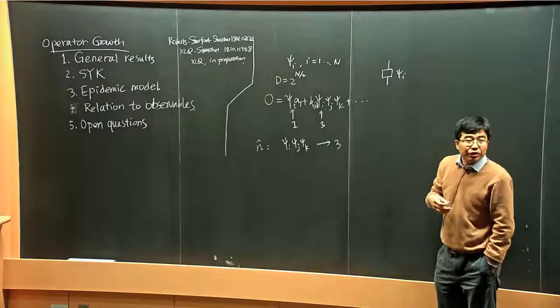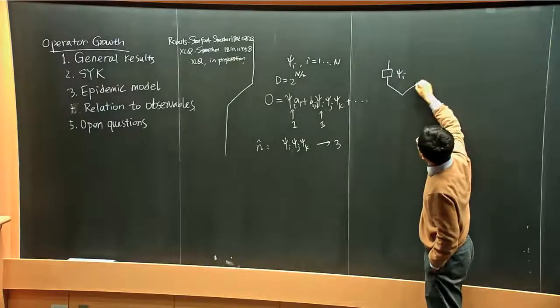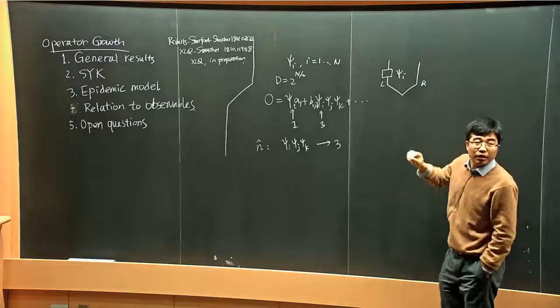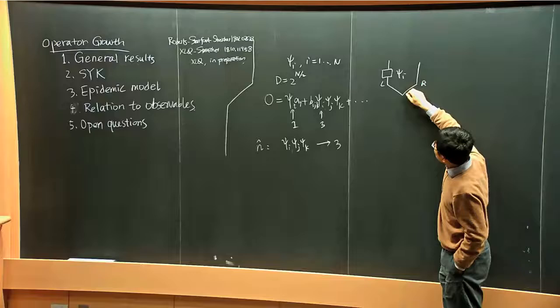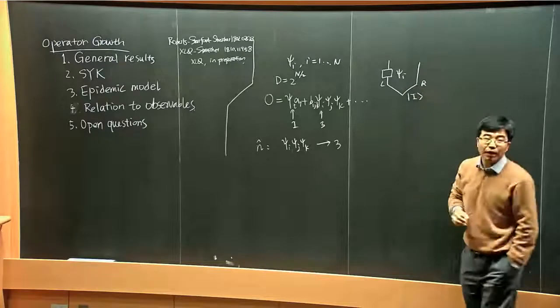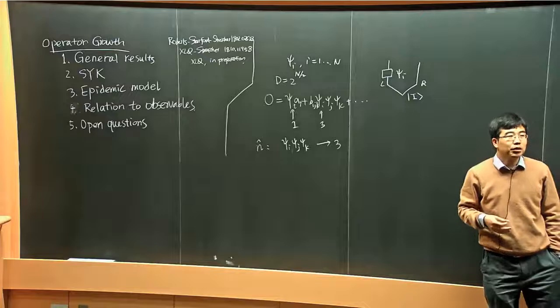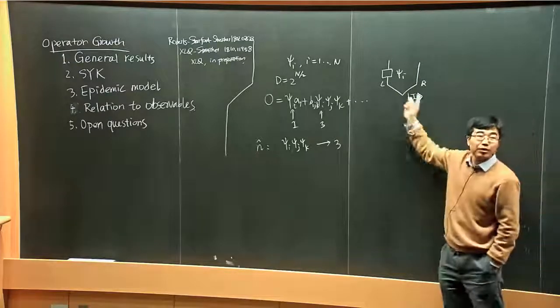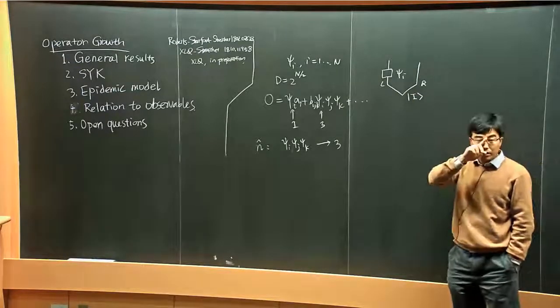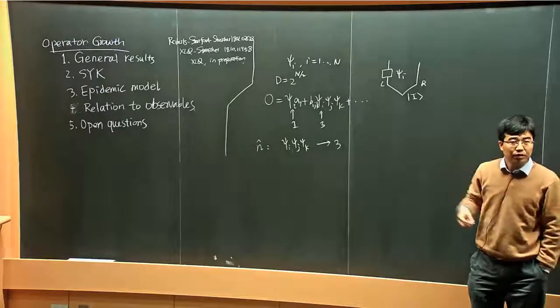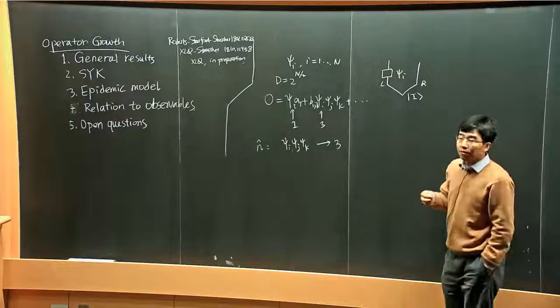But we can introduce a doubling by introducing a state living in two copies of the system. This is a particular state which I call I. That particular state is your choice, but you want to make it maximally entangled between left and right. That's important to make sure you don't lose any information. You preserve the trace, the inner product between operators.